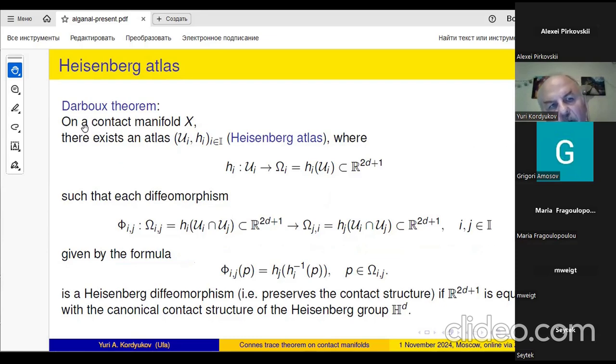So actually on each contact manifold there exists a so-called Heisenberg atlas, an atlas which consists of these charts, and moreover, each transition function, each diffeomorphism which relates two charts, is a Heisenberg diffeomorphism, which means that it preserves a contact structure.